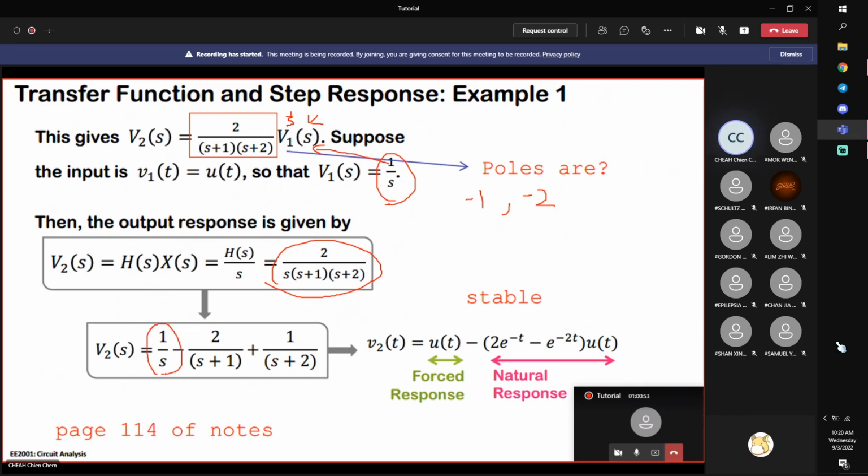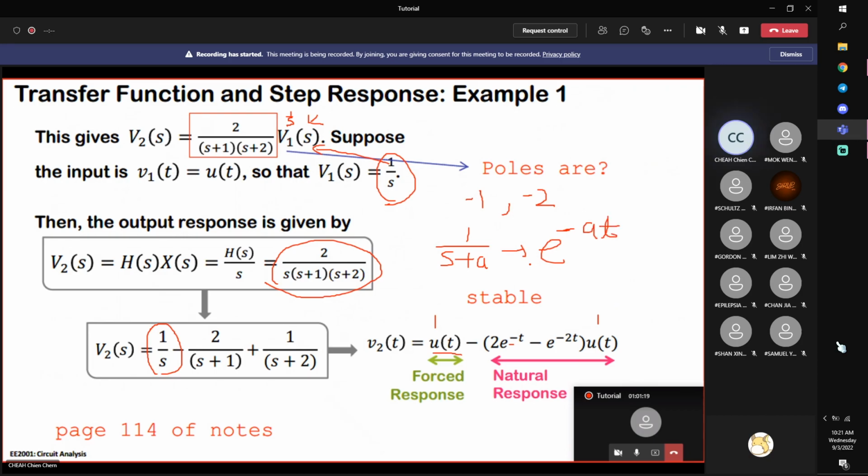This 1 over s gives you a unit step input. It just means 1 for t greater than 0. For this one, you get 2 e to the power negative t. Take note there's a negative sign, because if you check your Laplace transformation table, 1 over s plus a gives you e to the power of negative a t.